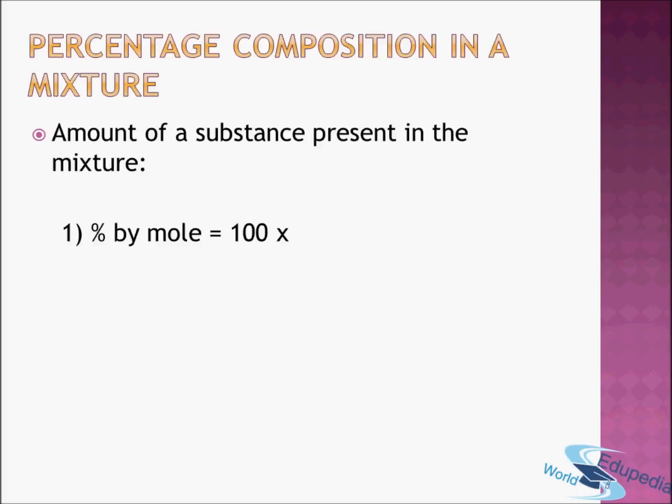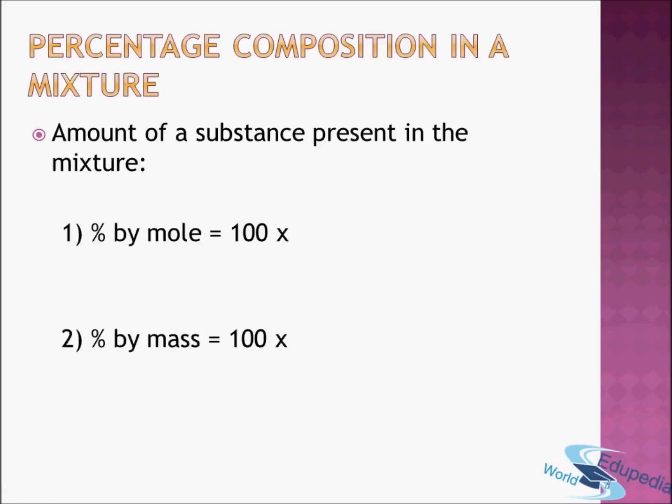That is, if I have been given 2 moles of the substance, then I need to identify out of those 2 moles what is the amount, or what is the moles, of each of the constituent part of that mixture. So let's see the formula. Percentage by mole is equal to 100 into a fraction, some fraction which we'll see what it is, and percentage by mass similarly will be 100 multiplied by some fraction.